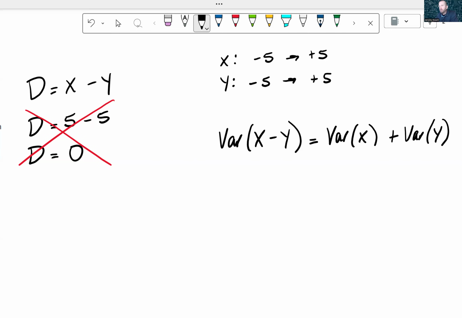So we add the variances. Then once we have the variance, we can take the square root of the variance to find the standard deviation. So just as a side note, a quick review, variance is standard deviation squared.